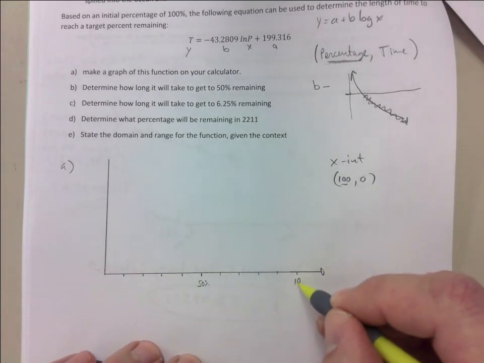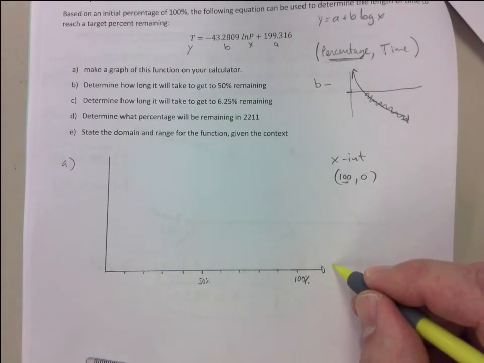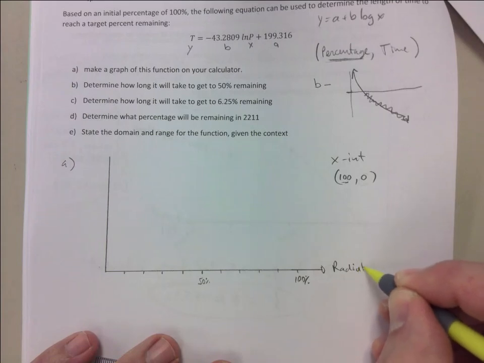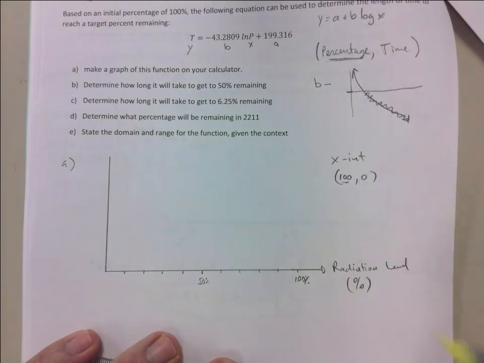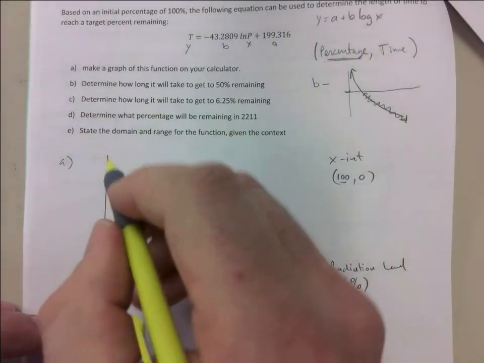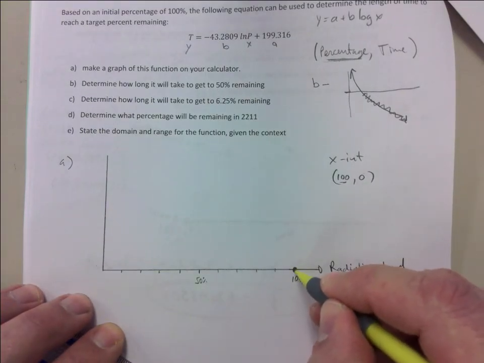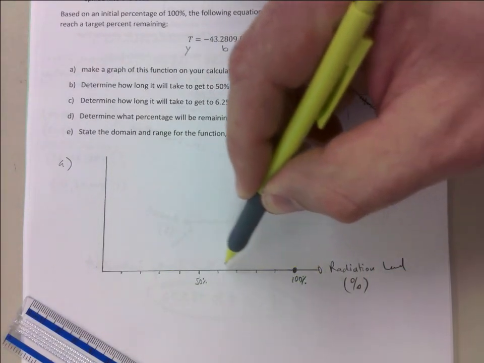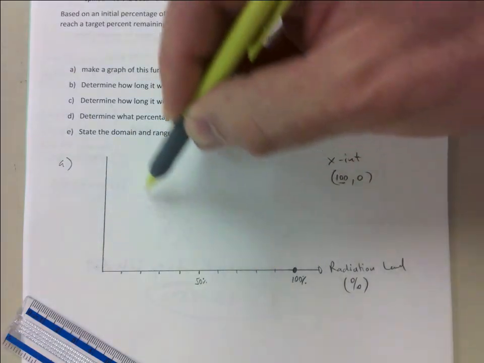This is 100%. This is radiation level as a percentage. And this is time in years. I know that 100, 0 is right here. I know that my graph, based on the calculator and based on what I already knew about the function, is going to do this.